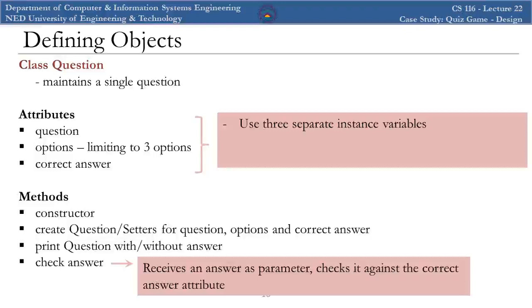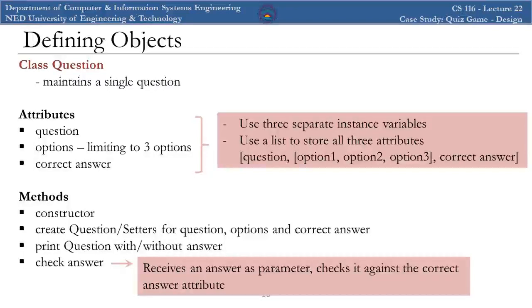Another choice that we can have here is that we can store all these attributes in a single list. Now, how can we do that? Again, we have multiple choices for that, but this is the format that I'm choosing. I'll make a 2D list. A question will be stored as a string as the first item of my list. The second item would be another list, another sublist, which will keep all the three options.